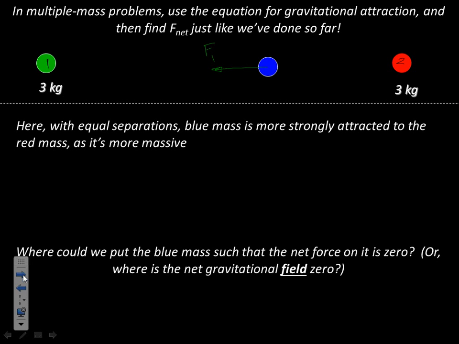I call this F1, the force that number 1 exerts on the blue one. It pulls the blue one towards it. F2 is going to look like this. Why bigger? Well, because this distance, R2, is less than this distance, R1. Therefore, the force it applies is bigger. And then we can say the net force exerted on the blue one is just F2 minus F1.